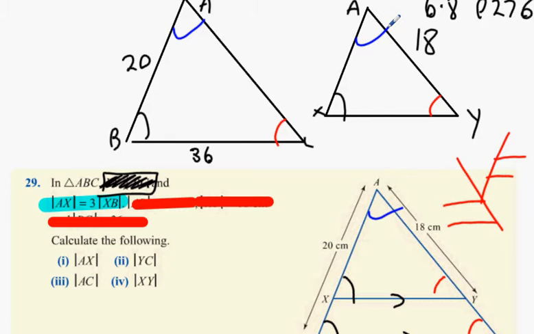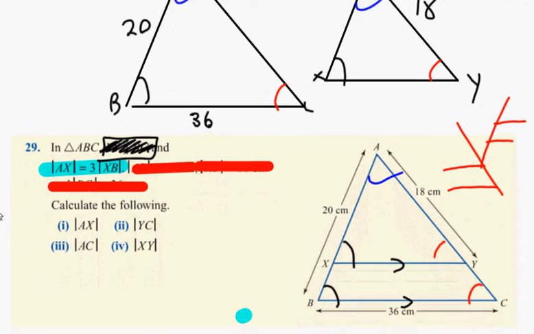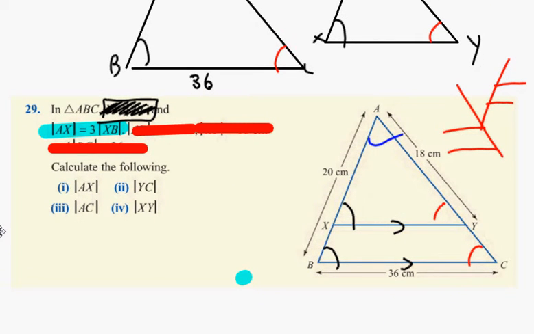Okay, next thing, AX is 3XB. I haven't got a clue what XB is, so I'm going to make up a letter to represent it. I'm just going to make up a letter M. Okay? I'm going to let XB be equal to M. Is everybody happy enough with that? So that's the length M. And then what it tells me is that AX is 3 times XB.